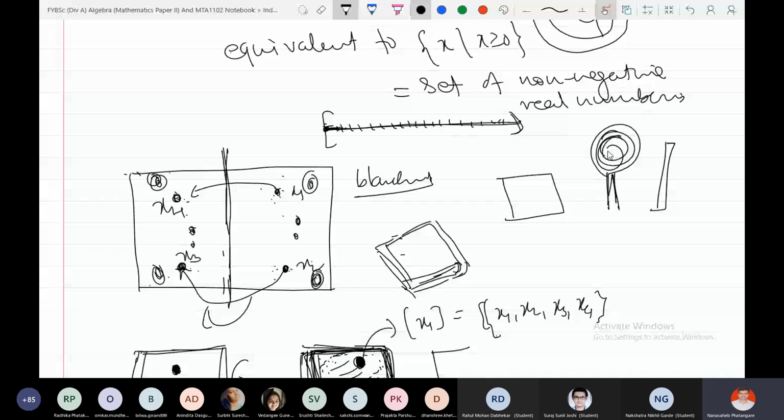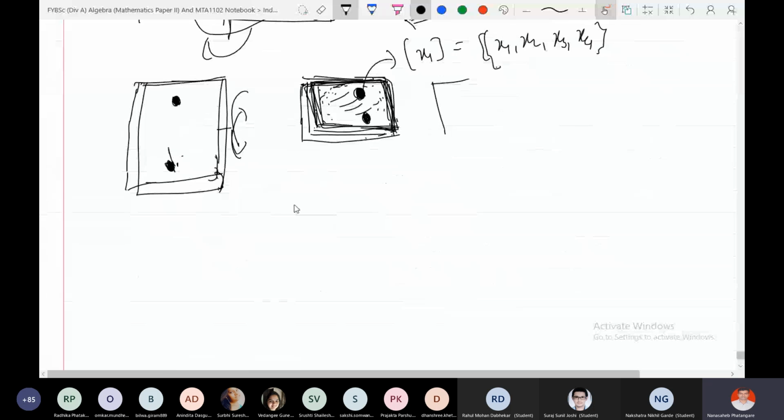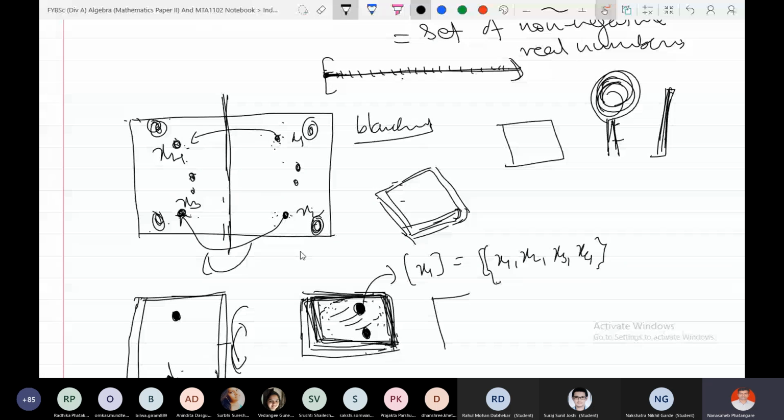Unfold and fold. If you unfold this, you get the plane, and if you fold it by this equivalence relation, you get only this half line segment. Similarly, if you fold the blanket, you get only a small part, and if you unfold it, you get the entire blanket. This is a philosophical fact.